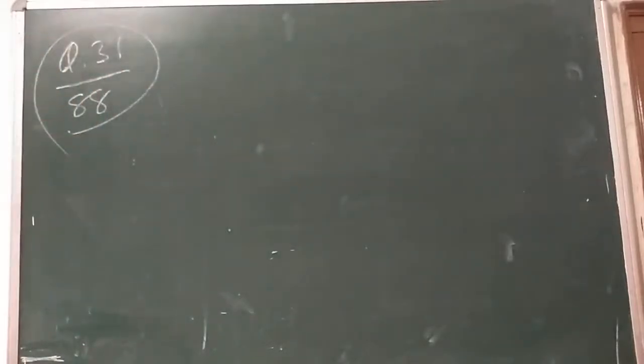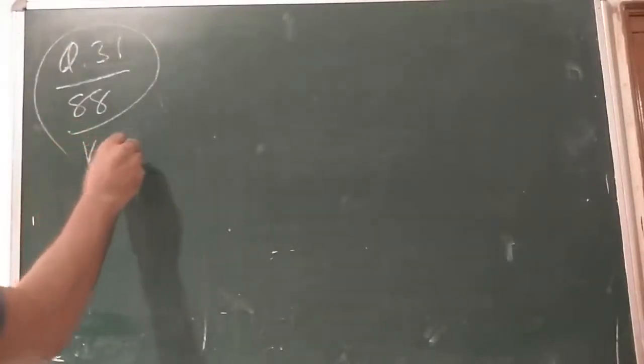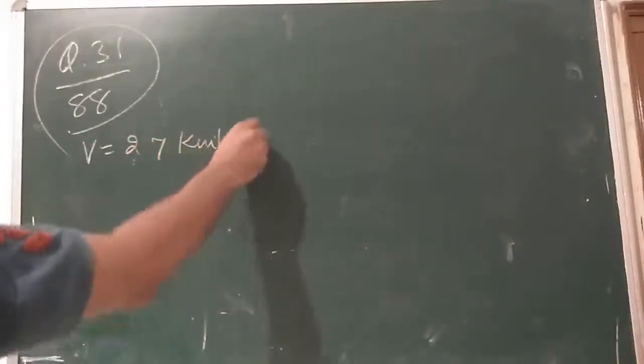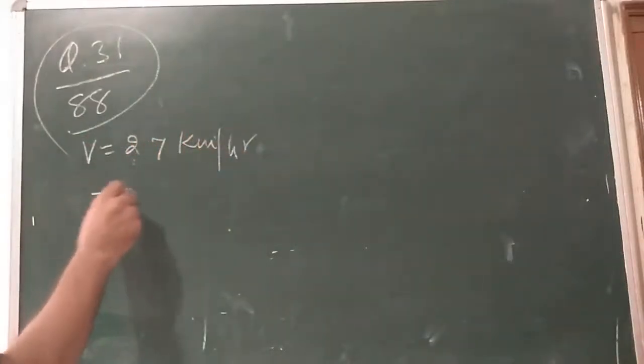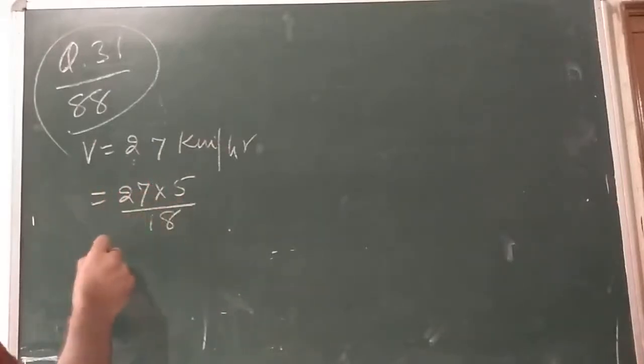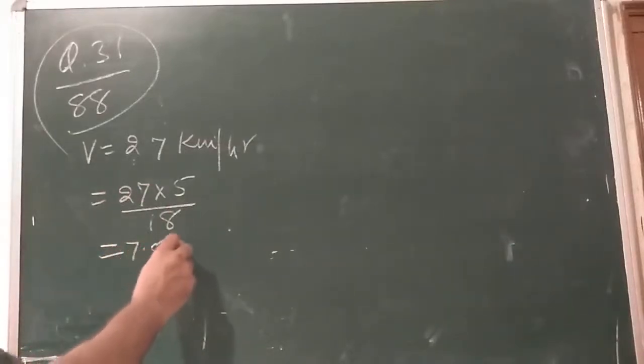A cyclist is riding with a speed of 27 km per hour. V is equal to 27 km per hour. Convert into meter per second, multiply by 5 by 18. That comes out to be 7.5 meter per second.